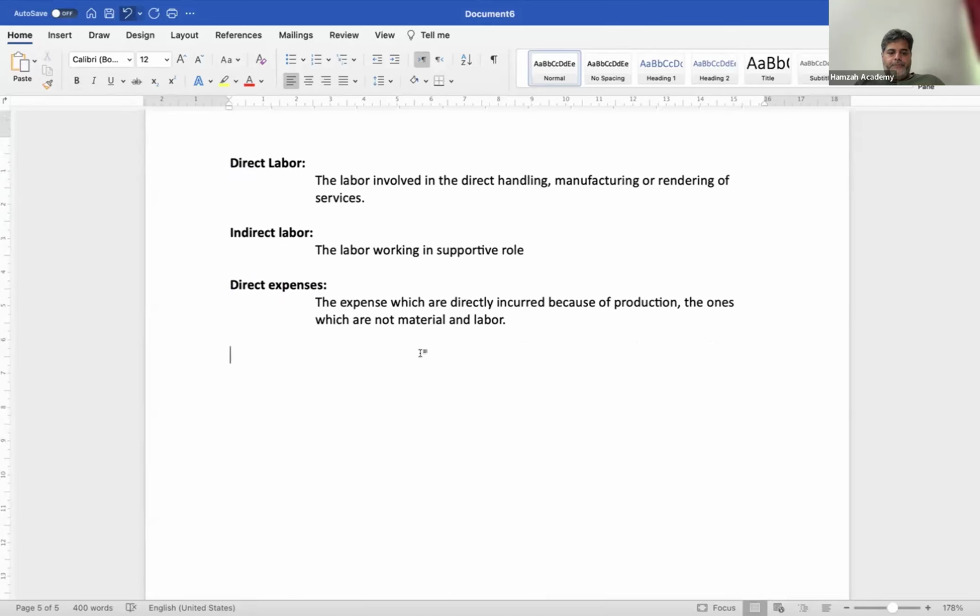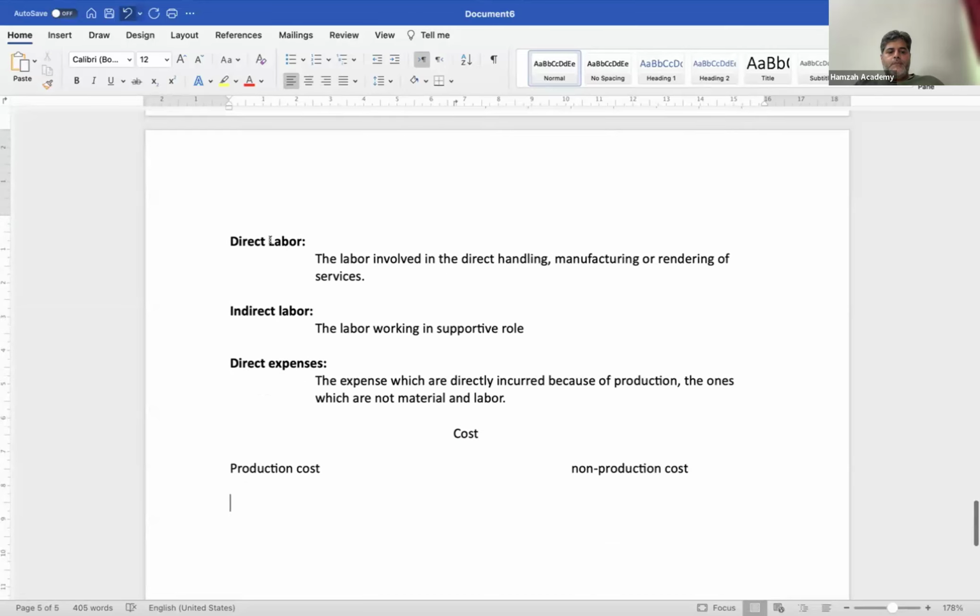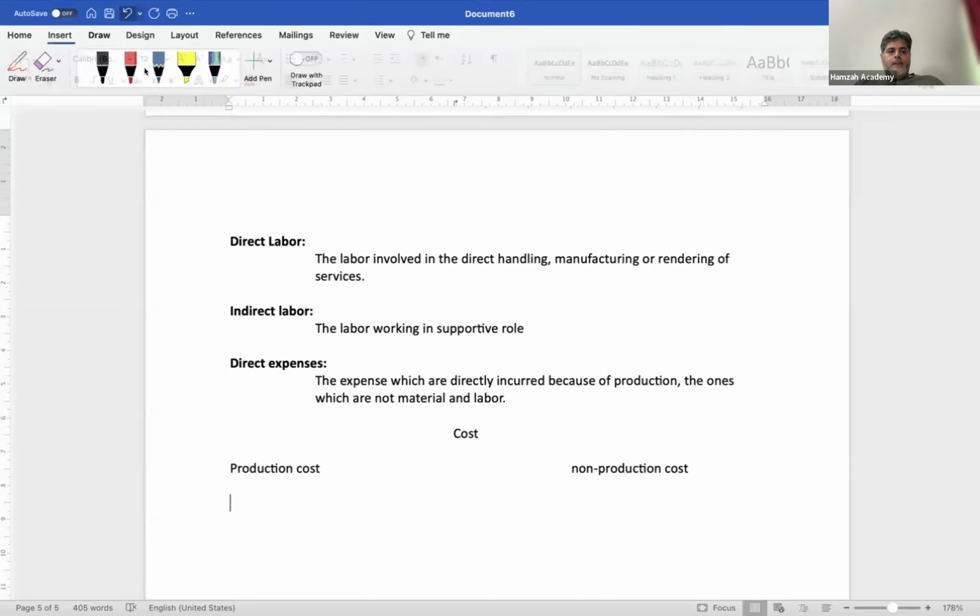Okay, now as far as this cost is concerned, we can also segregate it into the production cost and non-production cost. First, we segregated it between the direct and indirect. Now we are segregating it between the production and non-production cost.